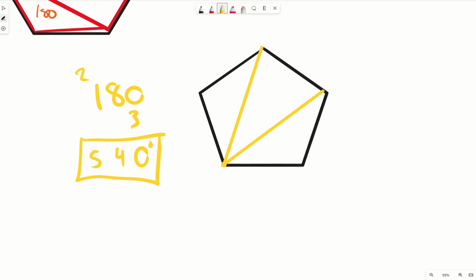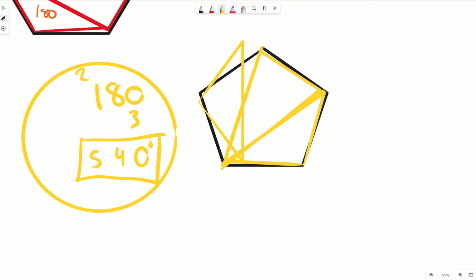Okay, so for any shape, I can find out how many triangles there are. This one has 3 triangles, and 3 triangles times 180 equals 540 degrees.